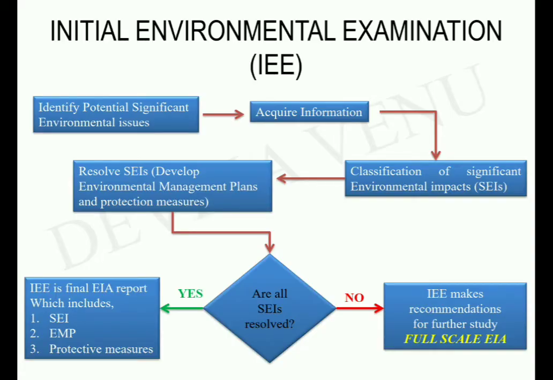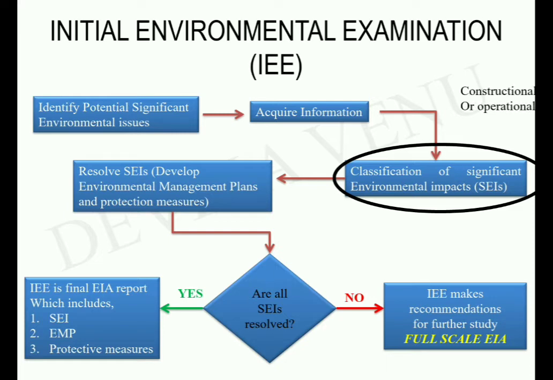The third step was the classification of significant environmental impacts, which means that suppose in the construction phase or in the operational phase, you are finding out certain impacts. So in the constructional phase, you are identifying an impact of sediment deposition in the river.